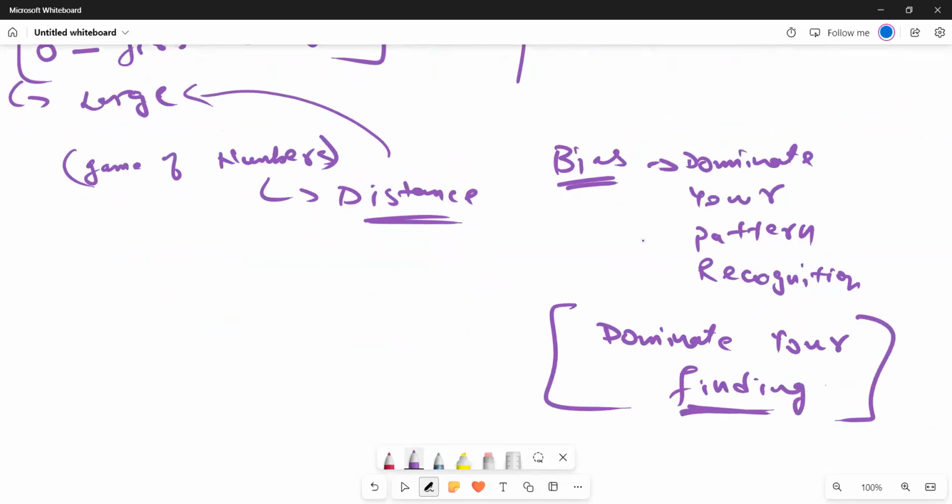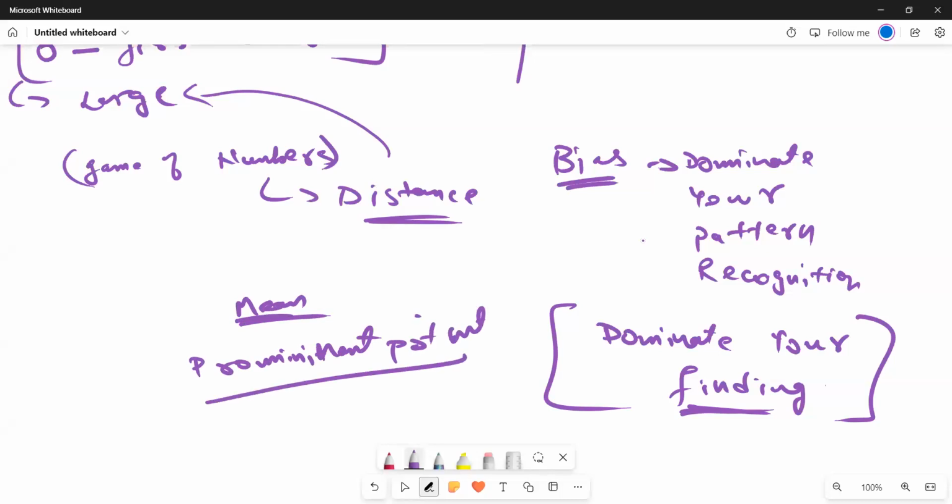I don't want any particular data point to dominate my analysis, to dominate my findings, right? To get over this, what I'll do is I'll shift it to the mean of the data, right? The mean of the data is the most prominent point to which my reference point can be shifted.